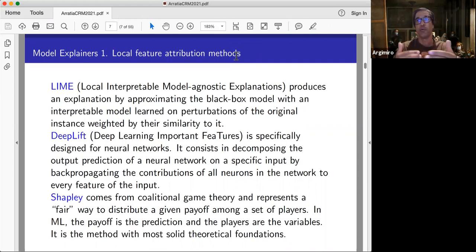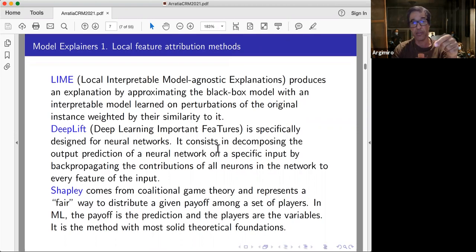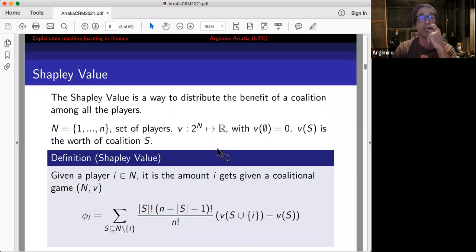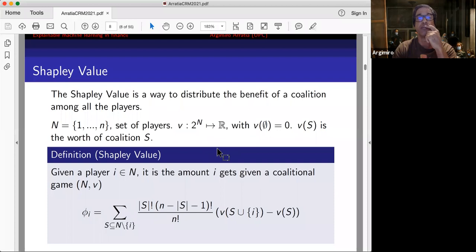There are these other axioms that have been established in game theory, and it happens that the Shapley values are the only method that verifies all these axioms, and so that's why it's the one that has been taken more into use.